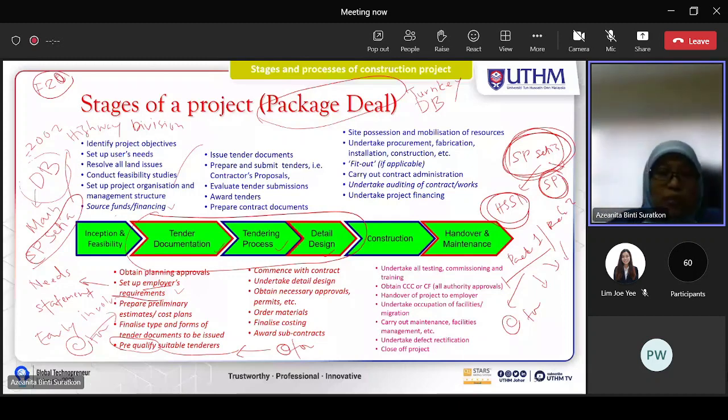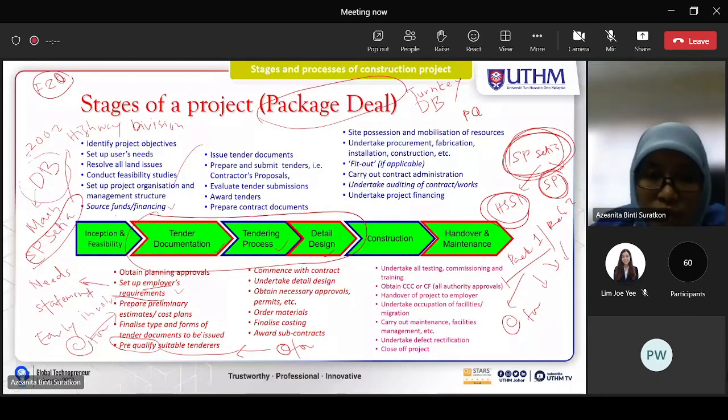That is the purpose of pre-qualification, they call it PQ. So this is pre-qualifying suitable tenderers at this stage.